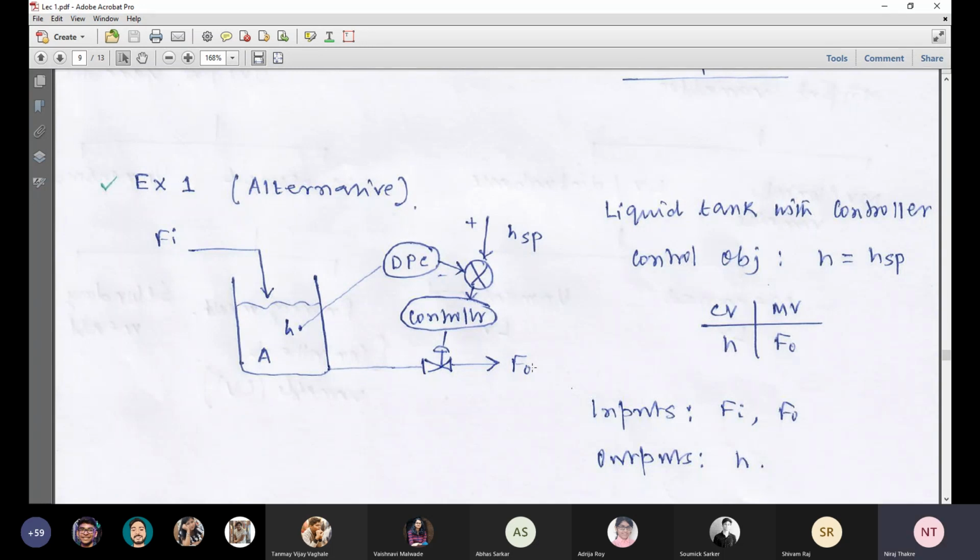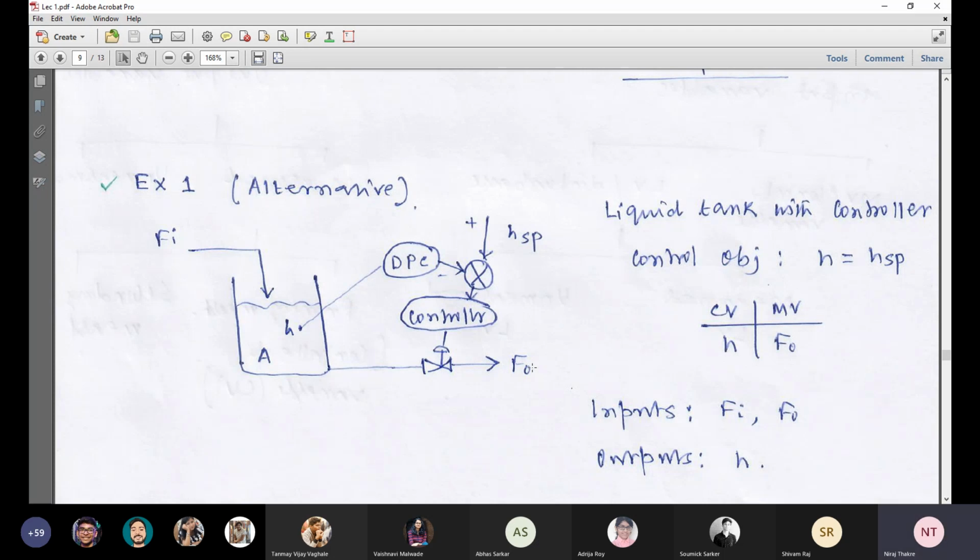Here it is h equal to hSP. Our second job is to find the control variable, manipulated variable pair, and that is here h versus F0. Our third job is to develop the closed loop system, that means we need to include the control configuration with the example process.